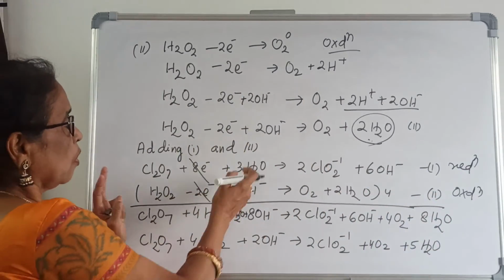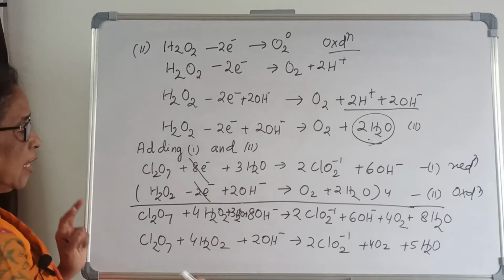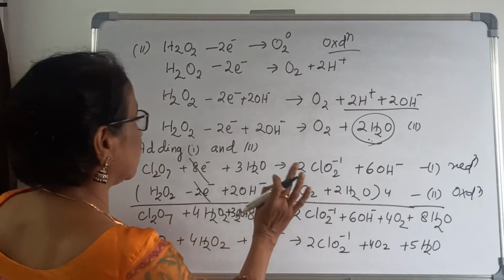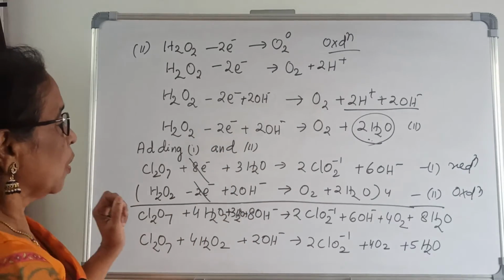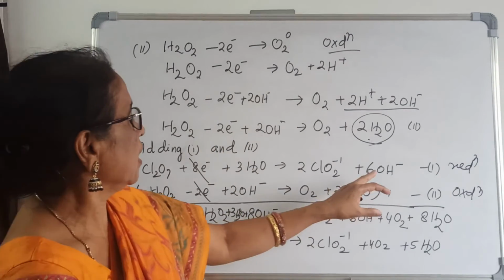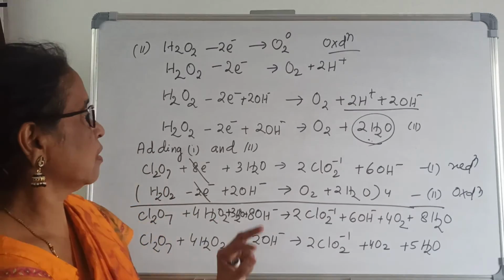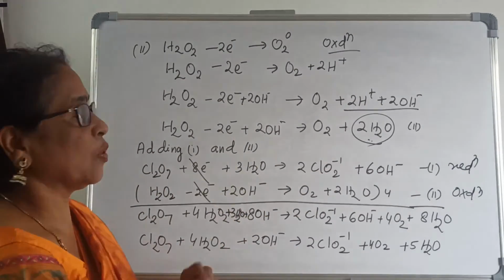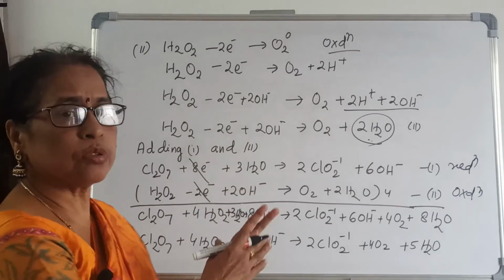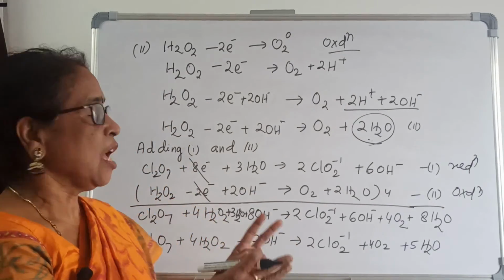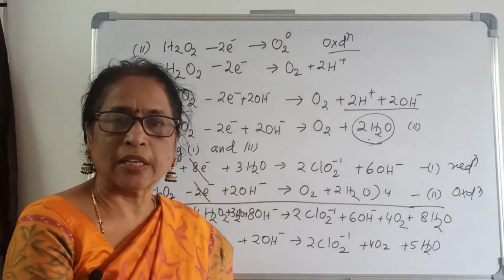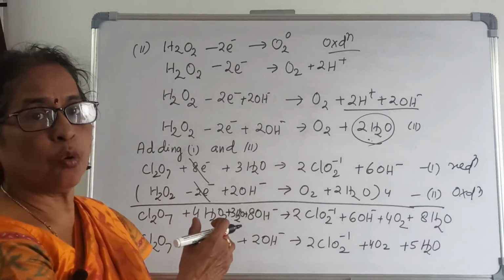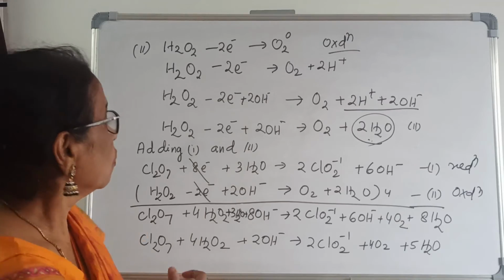Now see, both sides have water molecules and both sides have OH minus. Now what to do? First you see on the product side 6 OH minus, and on the reactant side 8 OH minus. That means both sides have water molecules and OH minus, so I will cancel the OH minus and water.